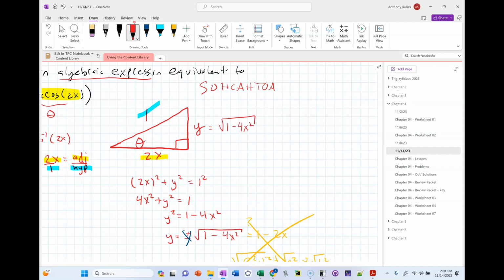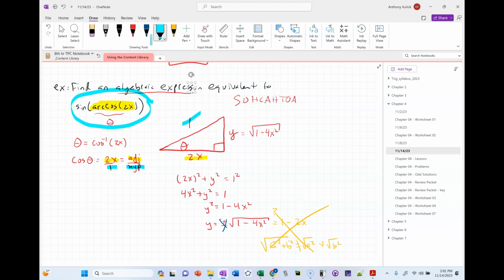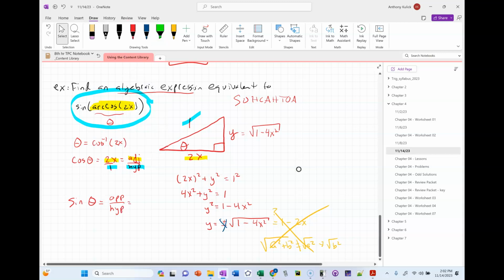So that side should just be square root of 1 minus 4x squared. Everybody okay? All right, let's recap where we're at now. So if I look at the original problem, that's really the same thing as just saying sine theta, right? Well, in a right triangle, like I've drawn here, how do I find sine theta? Opposite over hypotenuse. So what's the opposite side in my right triangle?